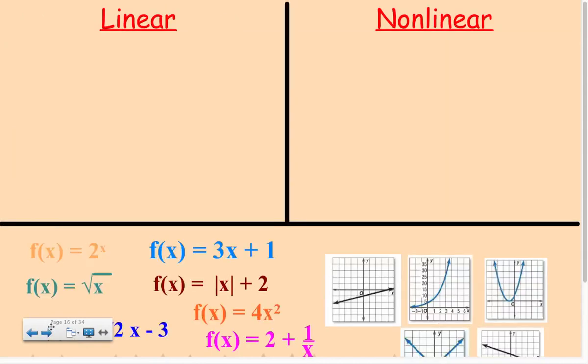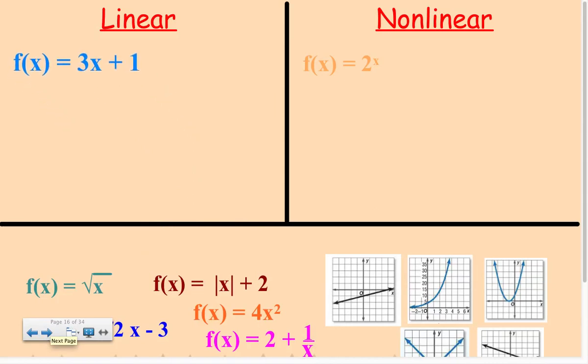All right. So the big thing we want you guys to get out of this lesson is looking at equations that were linear and nonlinear. So I would still have your sheet in front of you. Look at your equation with 2 to the x. Did that one end up being a line or not a line? It ended up being not a line. 3x plus 1, that one was a line.